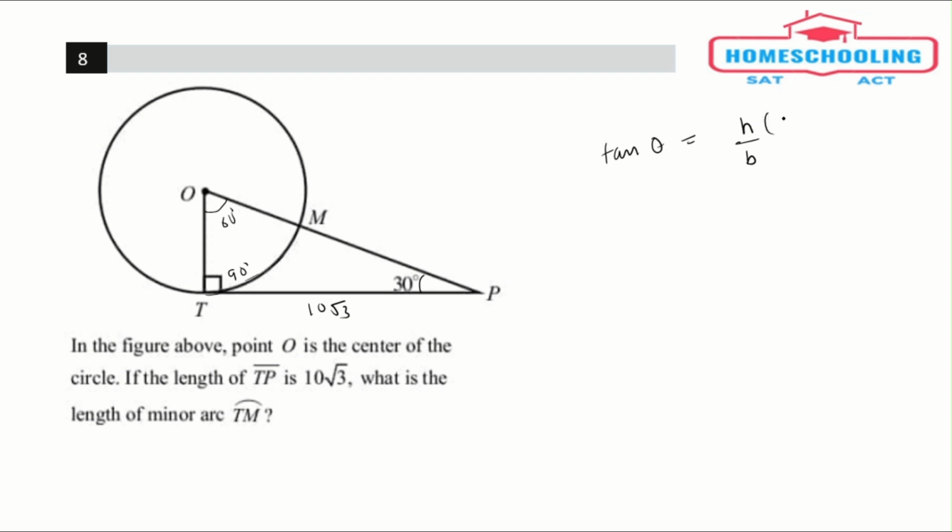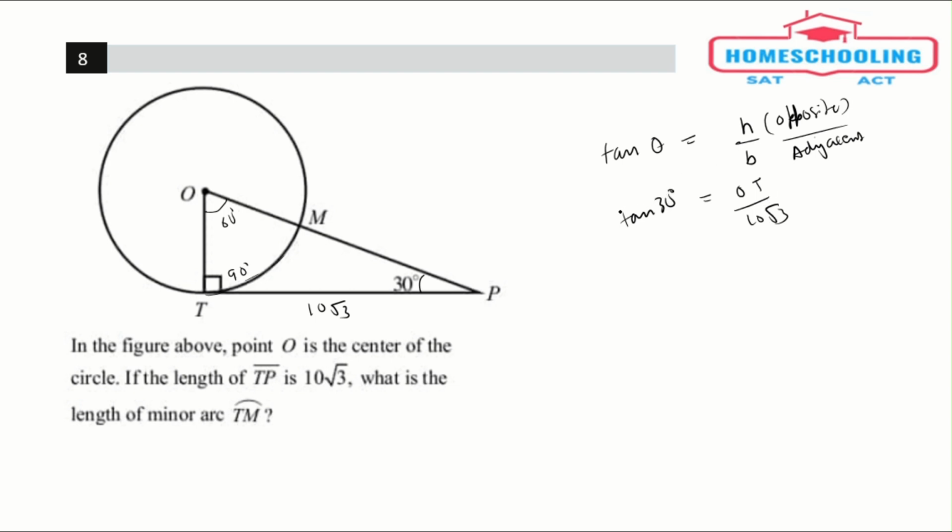Many also call this opposite, and in my country we call it base, and in other countries it is also called adjacent. So the angle here is 30 degrees. So tan 30 degree, height is OT, and base PT is 10 root 3.